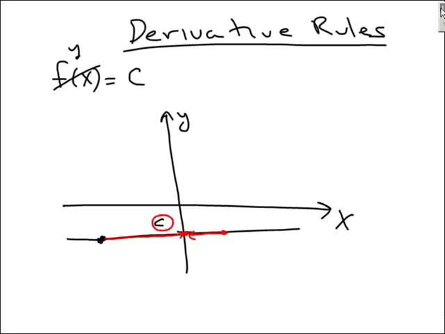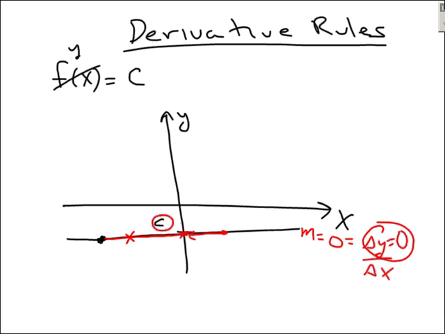The slope of this line is 0, because the slope is the change in y over the change in x. But the change in y is 0. Any 2 points, there is no change in y. After all, if there was a change in y, it would be 3 or 7 or negative 2.